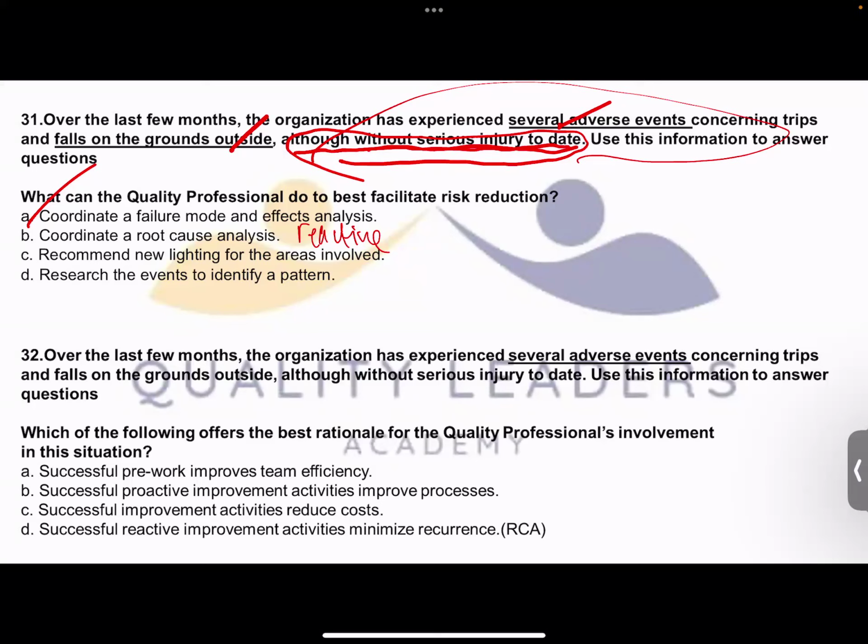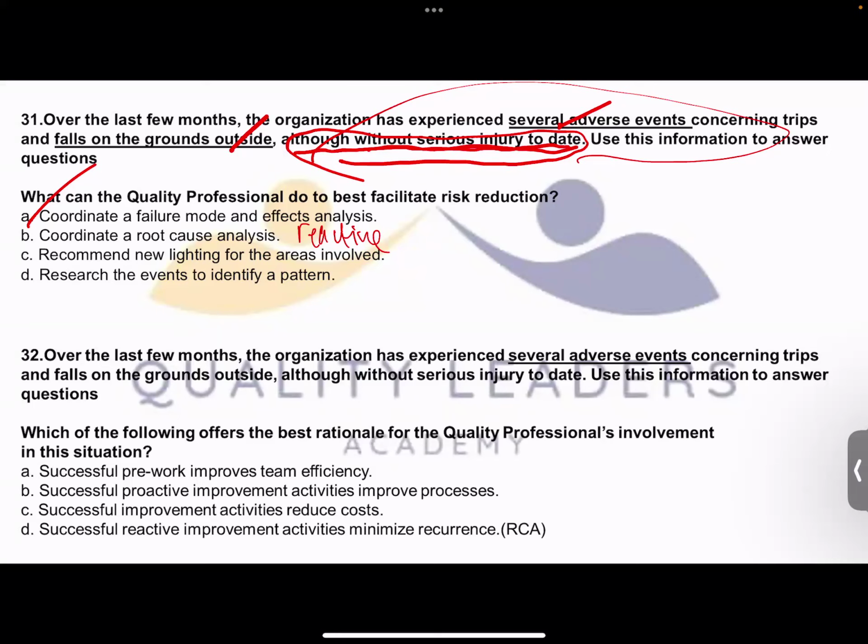Okay, for number 32. Over the last few months, the organization has experienced several adverse events concerning trips and falls in the grounds outside, although without serious injury to date. Use this information to answer questions. Which of the following offers the best rationale for the quality professionals' involvement in this situation?